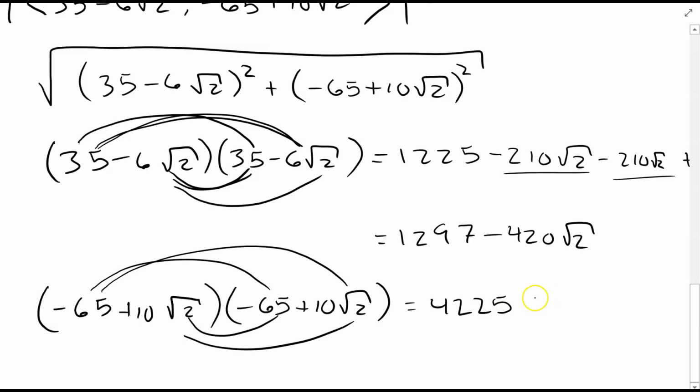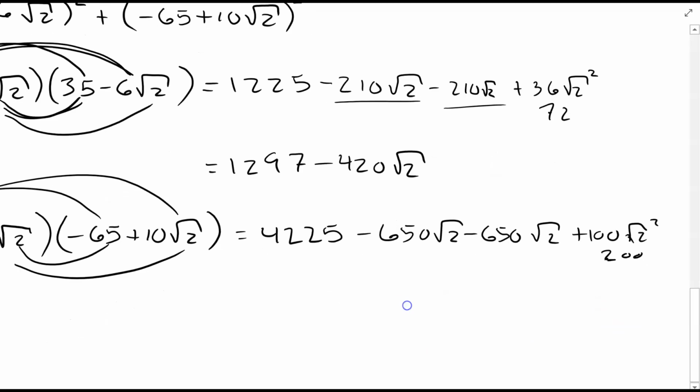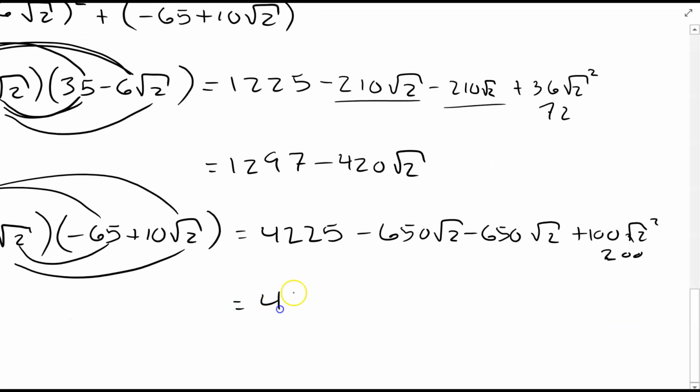So 4,225, and then I get negative 650 root 2 minus 650 root 2, plus 100 root 2 squared, or just 200 there. So that's going to give me 4425 minus 1300 root 2.